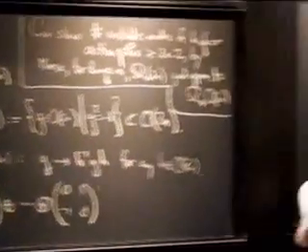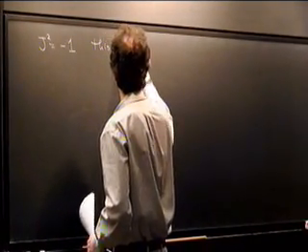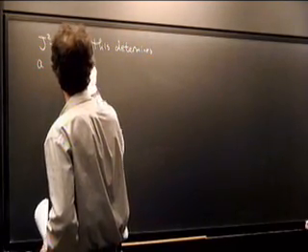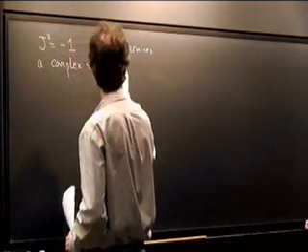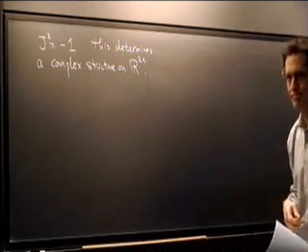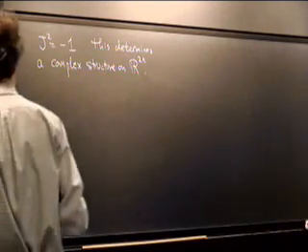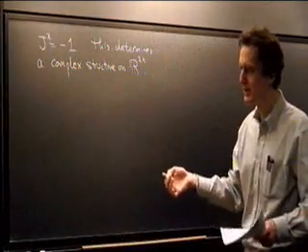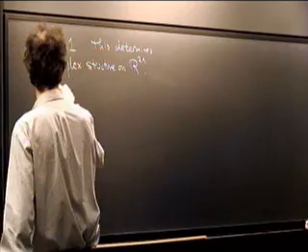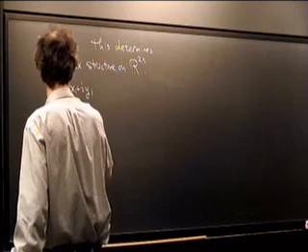So J squared equals minus 1, and this determines a complex structure on R2n. There are various ways of saying that, but maybe the most intuitive way is that if you tried to diagonalize this J, you would be making a choice of Z1 equals X1 plus IY1, and so on.